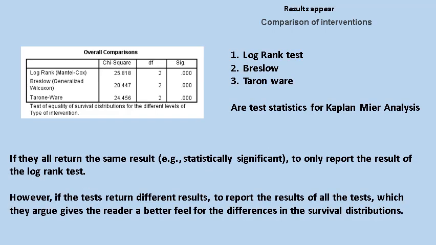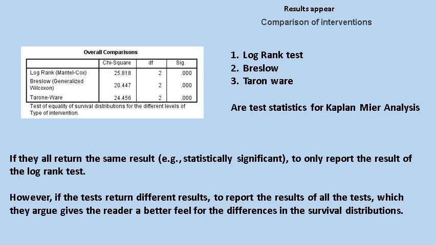If they all return the same result, like here log-rank shows statistically significant difference, Breslow shows statistically significant difference, and Tarone-Ware also shows statistically significant difference, then we need to report only the result of the log-rank test.